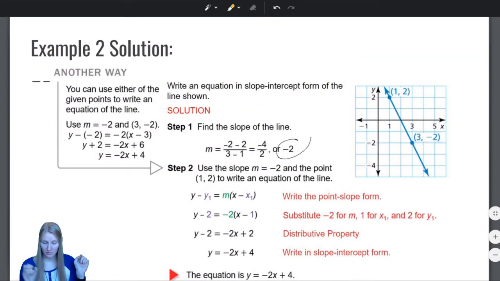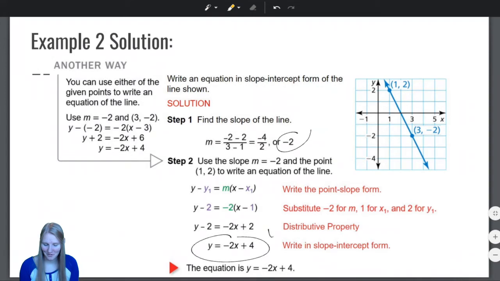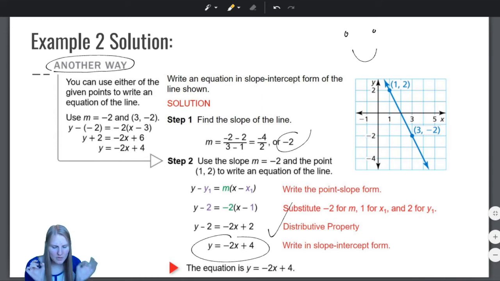Okay, let's check and make sure that we were correct. Slope is -2, and y equals -2x plus 4. So we were right. One thing I want to point out, they say another way. So they say you can use either of the given points to write an equation of the line.